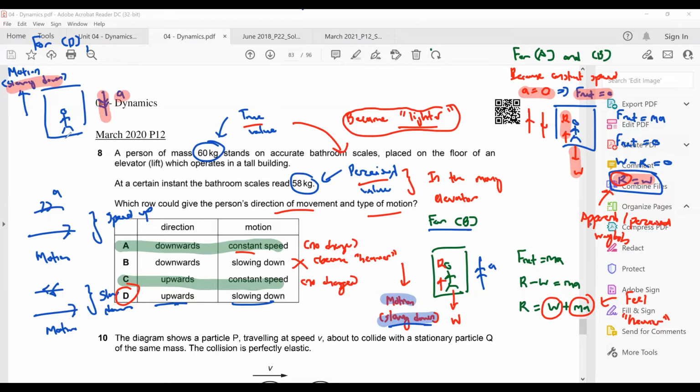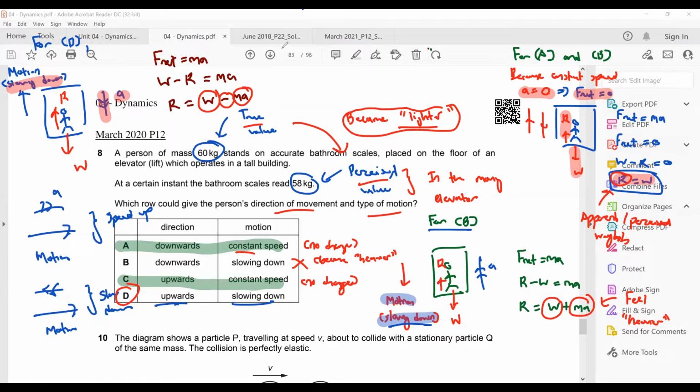Okay. So now I know W is down, R is up. Now if I want to use F net equals MA here, it will be W minus R equals MA. So now R equals W minus MA. So now you see your weight is subtracted with MA.